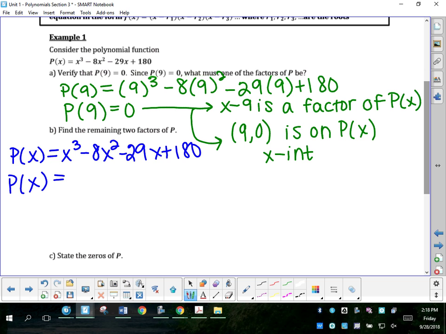So you know x minus 9 times something is going to give us the p of x. How do you figure out what you multiply x minus 9 by to get back out the p of x? So what's the synthetic division going to look like? What's going on the outside? 9. What are your numbers going to be going across?